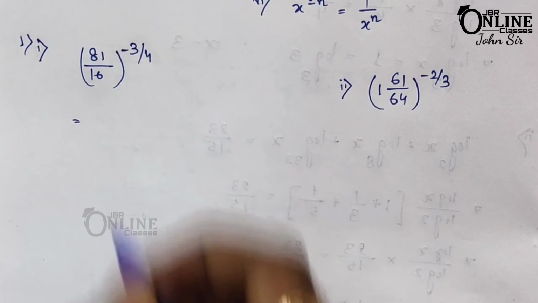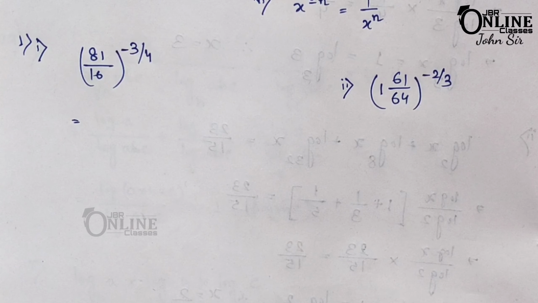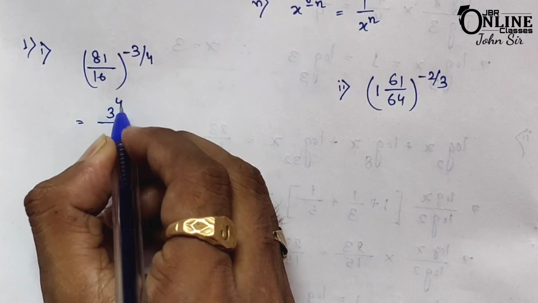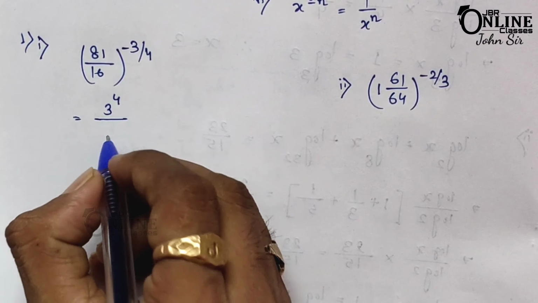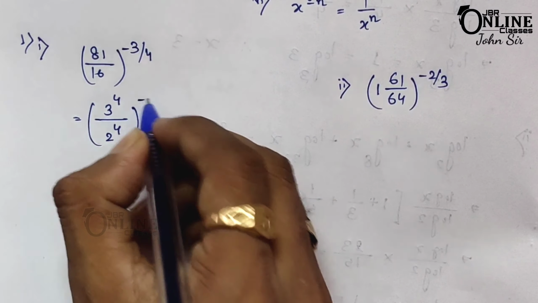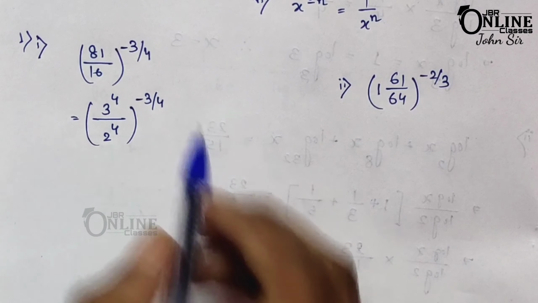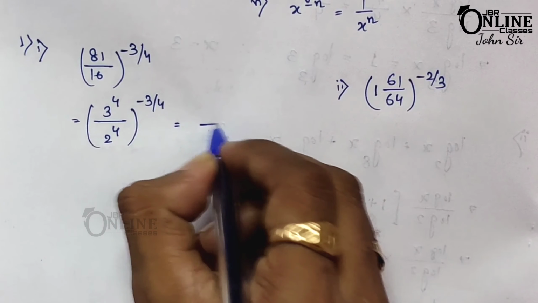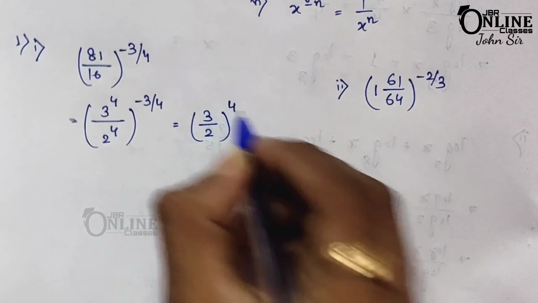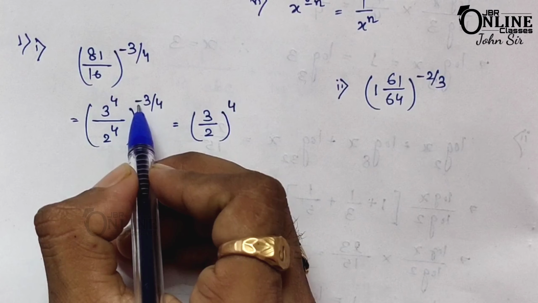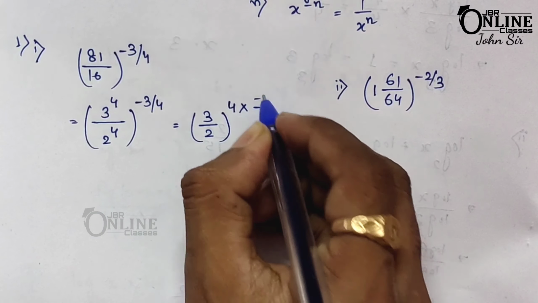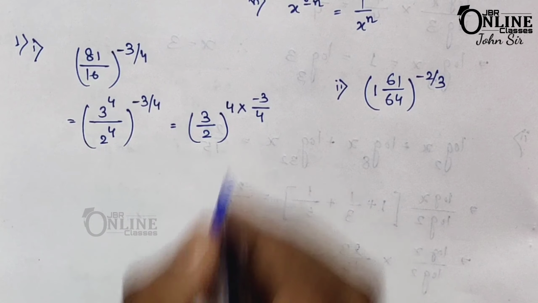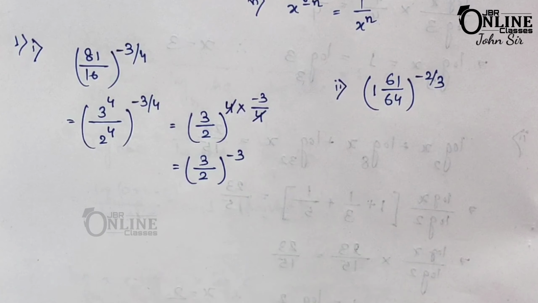Now 81 is 9 square, and 9 is 3 square, so ultimately 81 is 3 to the power 4, and 16 is 2 to the power 4, with the power minus 3 by 4. Now here the bases are different, that is 3 and 2, but the powers are the same, so you can write it this way: 3 by 2 whole to the power 4. And as the power is minus 3 by 4, you can multiply this power with the 4. Now the 4 cancels out, so it will be 3 by 2 whole to the power minus 3.